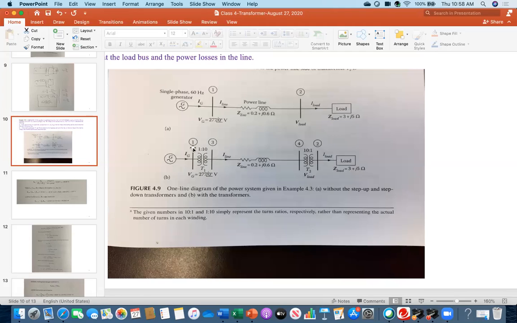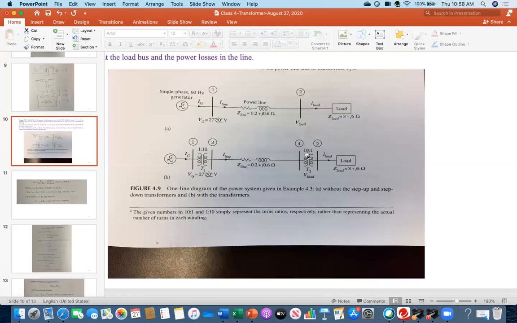Does it not end up being the same because it goes into a step up and then a step down with the same ratio? Exactly. So once you get this current throughout this portion, it is the same, but the same current will not flow here because there is a transformer.